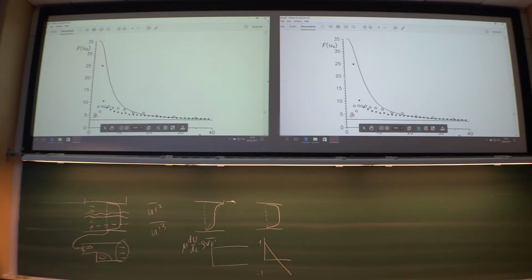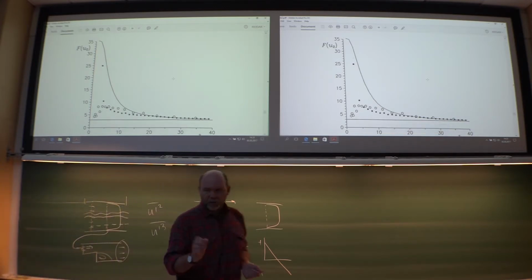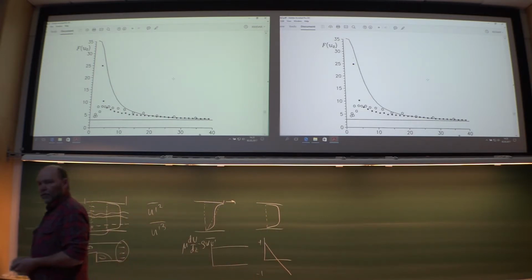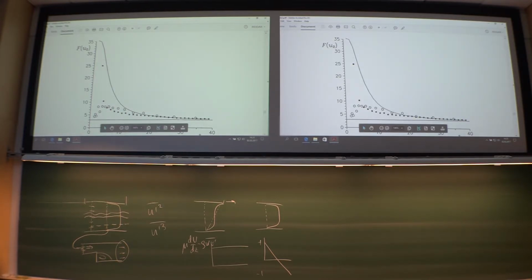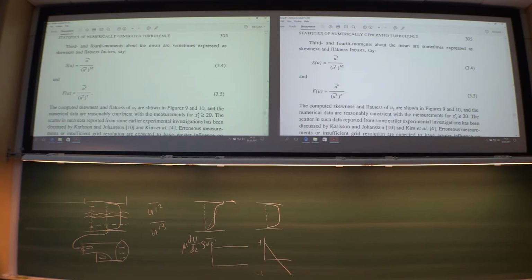The particle tracking has problems when you're getting very, very close to the wall. The particles will bang into the wall, so you will have error in the measurements there. Laser would be better getting closer to the wall. So you see the Swedes here are getting more or less correct results. Here we have the definition of skewness and flatness, 3rd and 4th order moments.